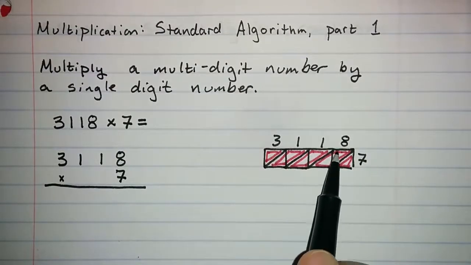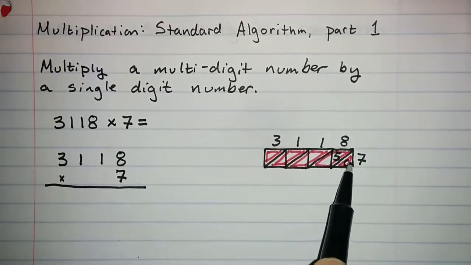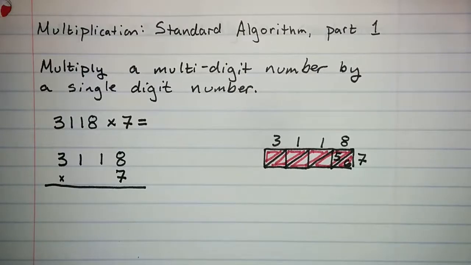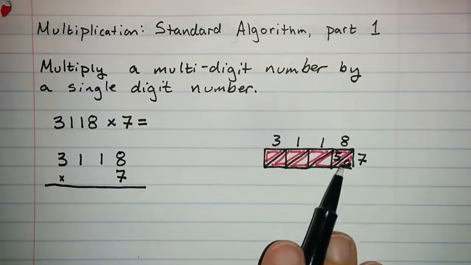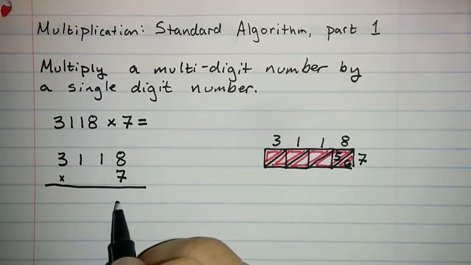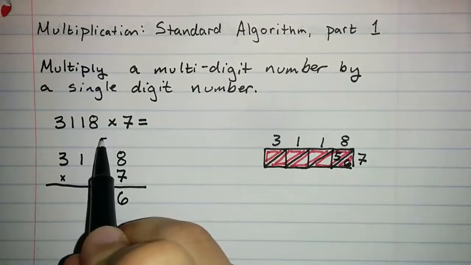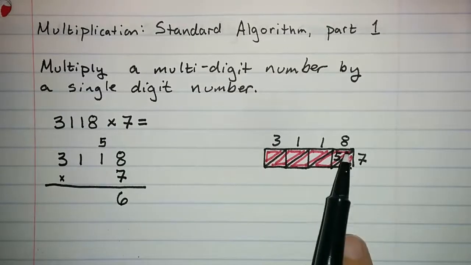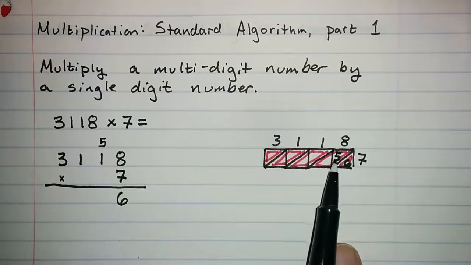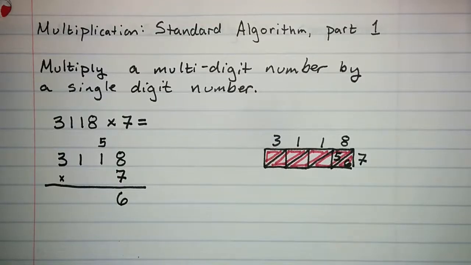We put a 5 in the tens place and a 6 in the ones place. What we're going to do in the standard algorithm, we now know that the ones place of our answer is going to be a 6. And we'll need to carry a 5. Right, 5 will carry over to participate in the tens place of our answer.